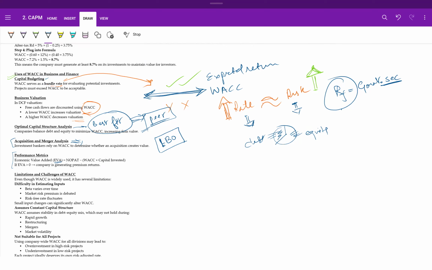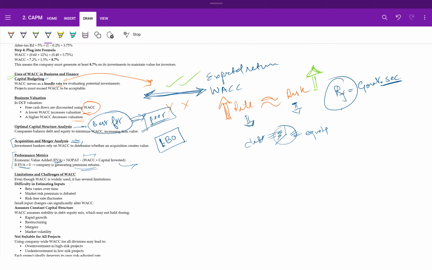So if we have invested X amount of money and our weighted average cost of capital was a certain percentage, and the NOPAT, net operating profit after tax, exceeds that capital charge, so that it is greater than zero, the company is generating a premium return. So this is also used as a performance metric.